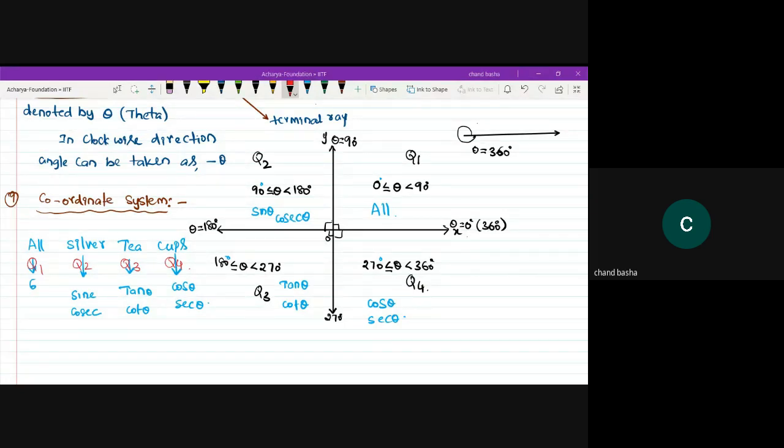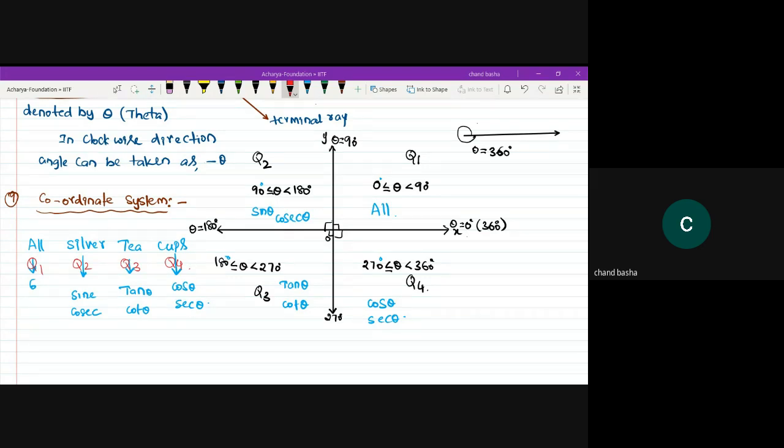You should be habituated because this is a chapter which takes an important role in maths as well as physics. You will be able to remember because a number of questions are going to be solved in future. Let's make a note of all these points.